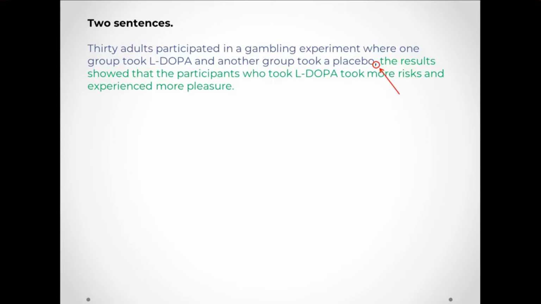So I tried to solve that problem by just putting "which," for instance: 30 adults participated in a gambling experiment where one group took L-DOPA and another group took a placebo, which results show that the participant who took L-DOPA took more risk and experienced more pleasure. But it wasn't working.